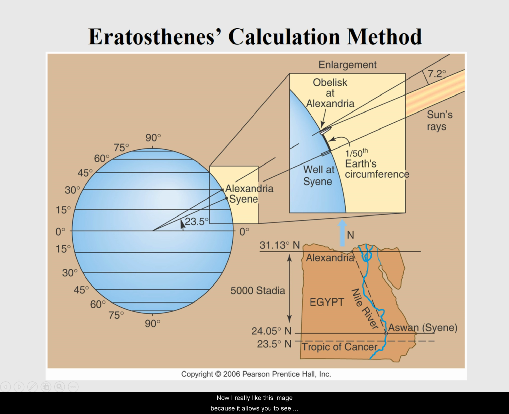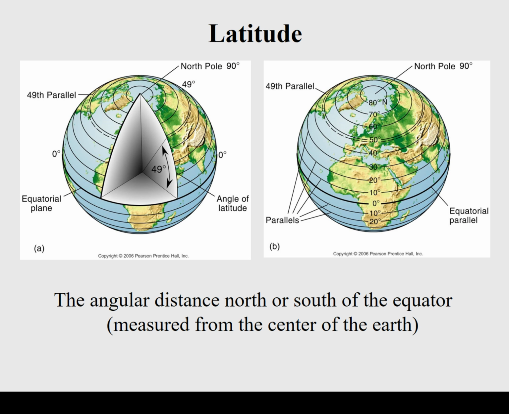Now, I really like this image because it allows you to see geographically where Alexandria is located for lines of latitude at 31 degrees 13 minutes north, and Aswan, which is referred to as Syene at that period of time. Now, if we were taking the measurements along the Tropic of Cancer, which is just south of Syene, the sun would be completely overhead, and we will talk about that in the following slides.